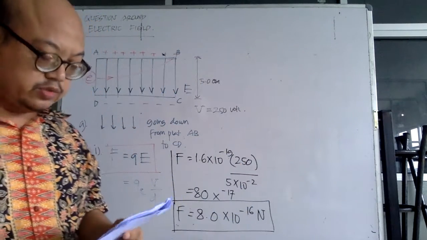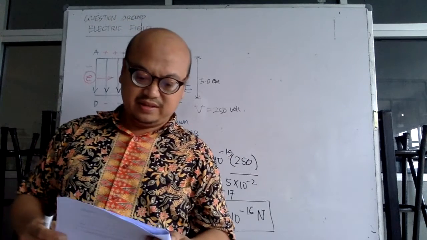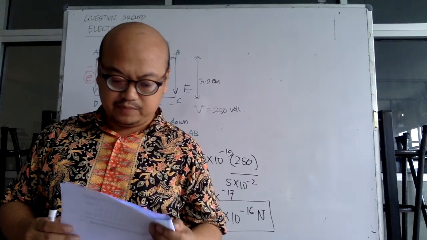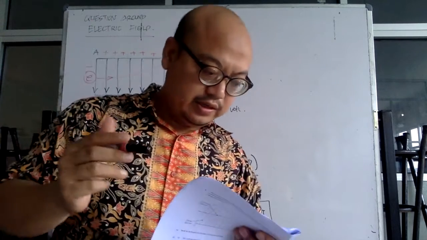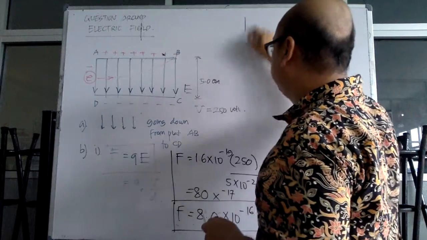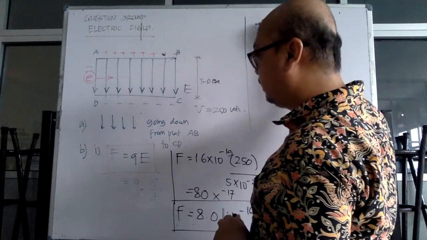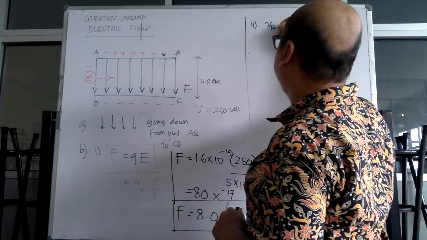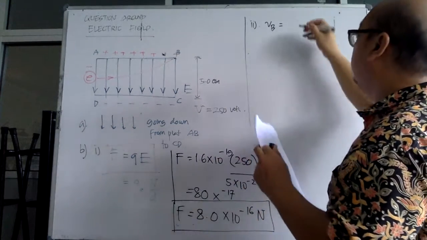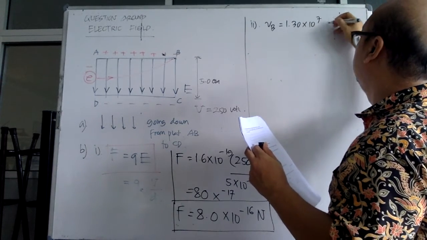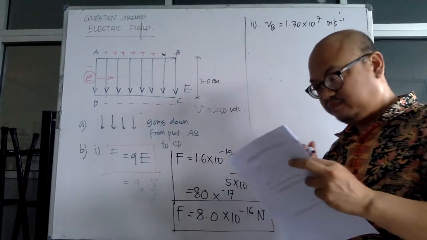The next question is: to leave the electric field at B, the electron must enter the field with a speed. At point B the electron has speed v of 1.30 times 10 to the 7 meters per second.